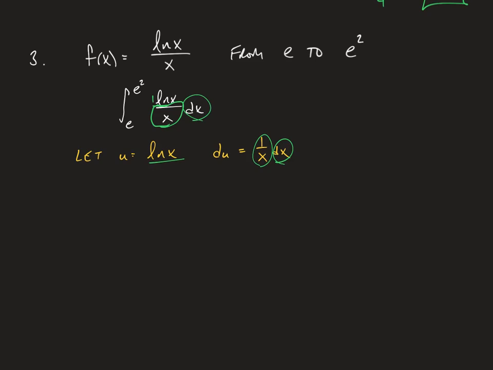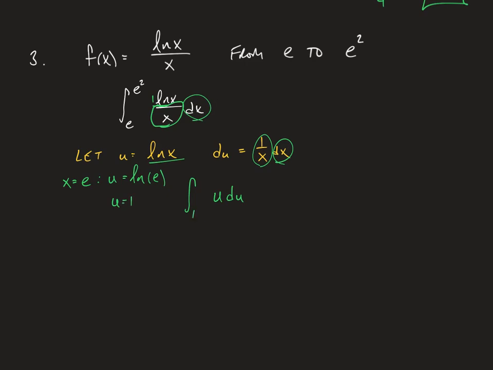So now I can rewrite this as the integral of u times du. But I need my new bounds. So if x is equal to e and u is equal to ln of x, then in this case u is going to have to equal 1.